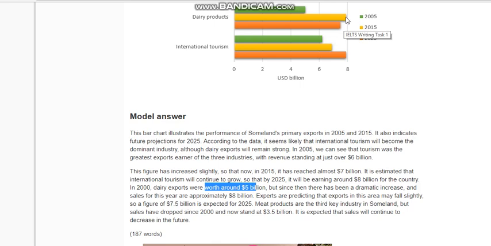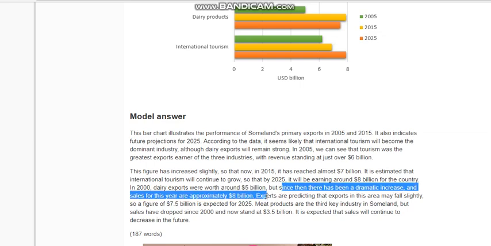Yeah, we see that 8 billion. Experts are predicting that exports in this area may fall slightly, so a figure of 7 billion is expected for 2025.